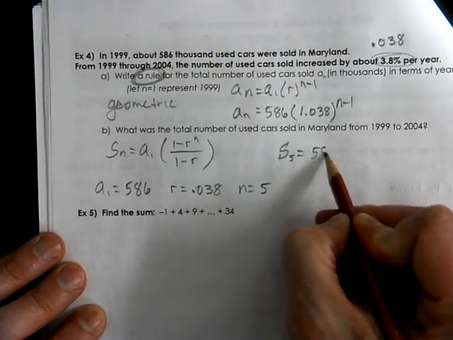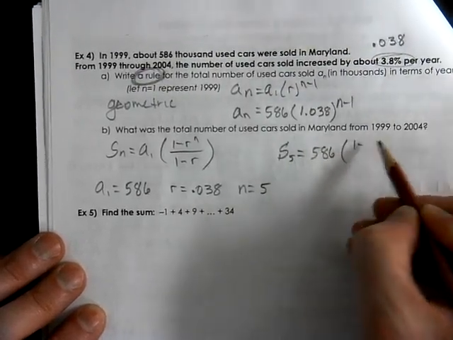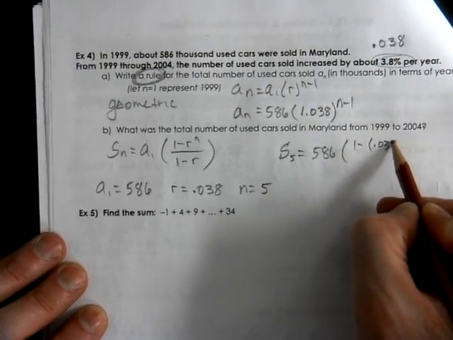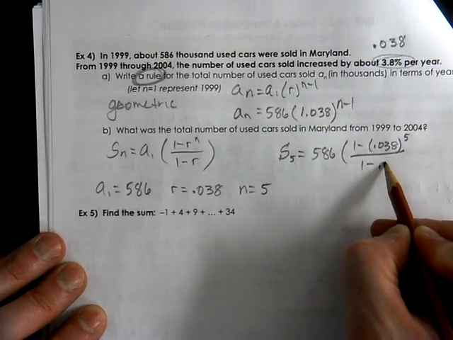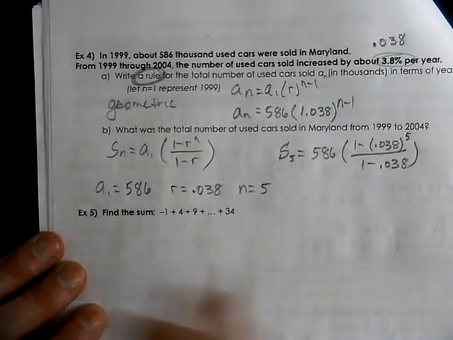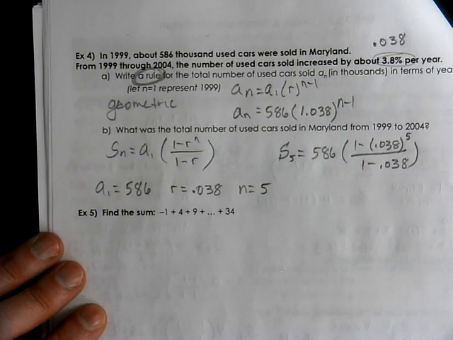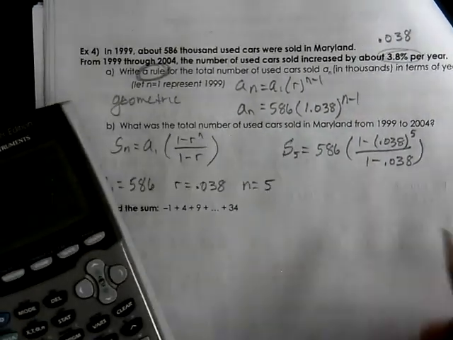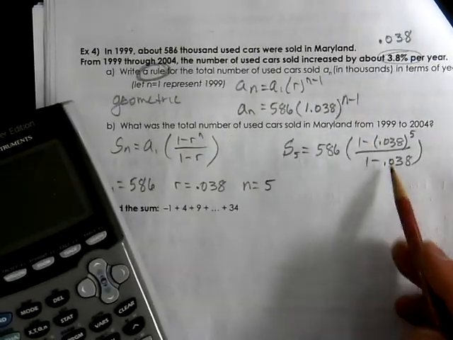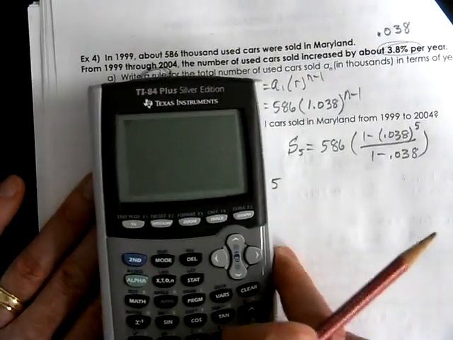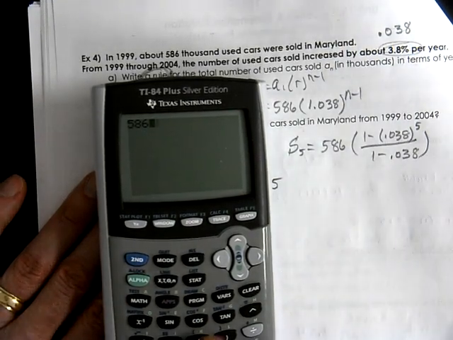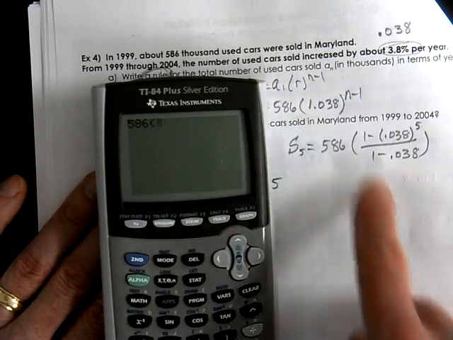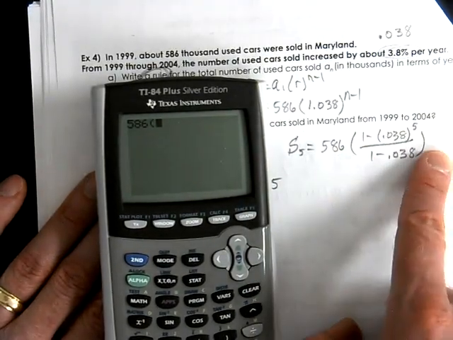So our first term is 586 times 1 minus 0.038 to the power of 5, over 1 minus 0.038. So you first have to write out your formula, plug in all your numbers, then you can go to your calculator. You start out with 586,000, then you use a parenthesis because you're multiplying it.